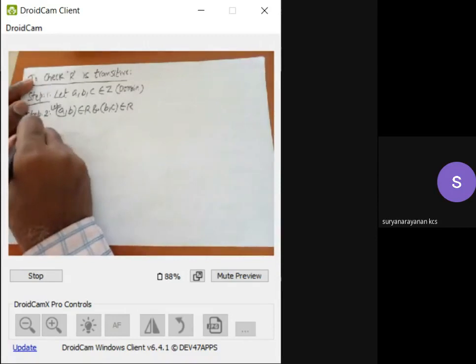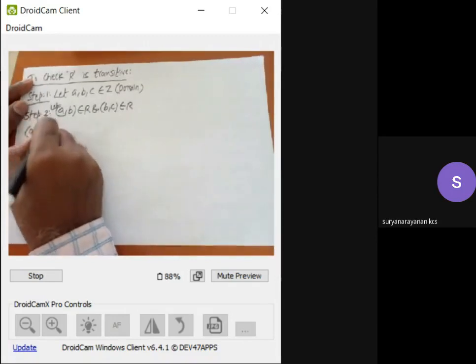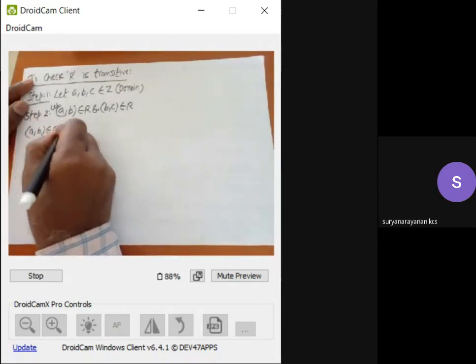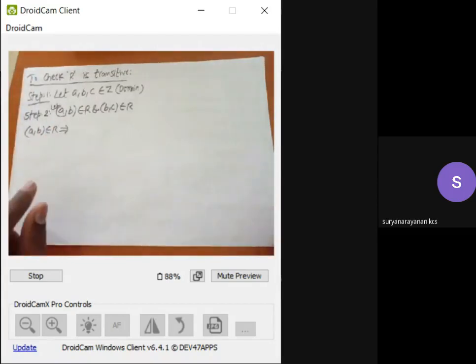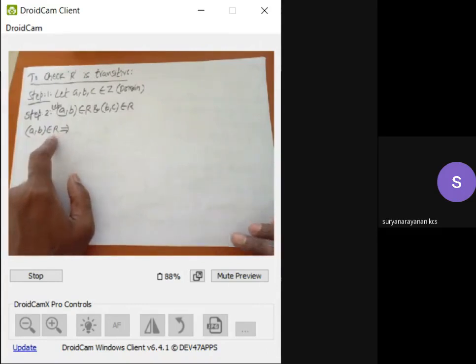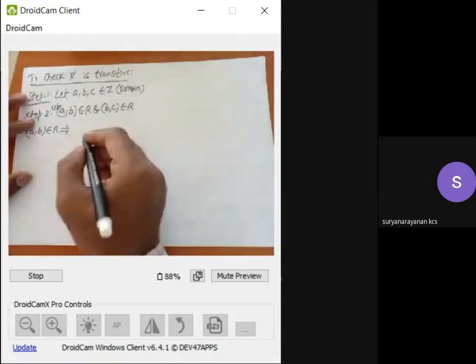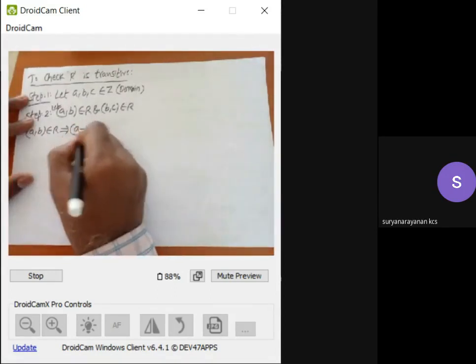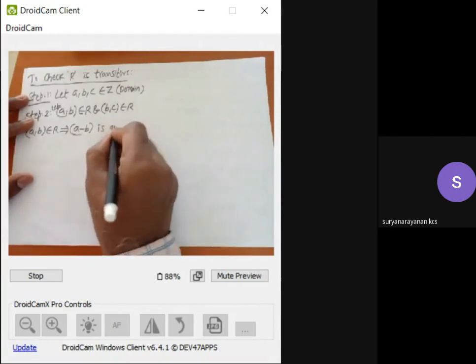So how do you write this notation in sentence form, ordered pair a comma b belongs to R? A minus b is an integer.